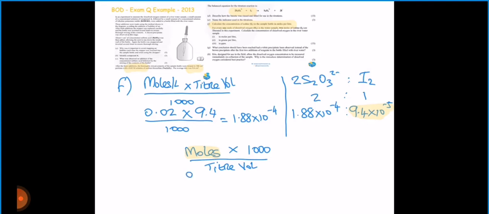So that is 9.4 by 10 to the minus 5. Multiply that by 1000 and divide by your titre volume. Your titre volume is 200 centimetres cubed, so divide that by 200 and you get an answer of 0.00047 moles per litre.